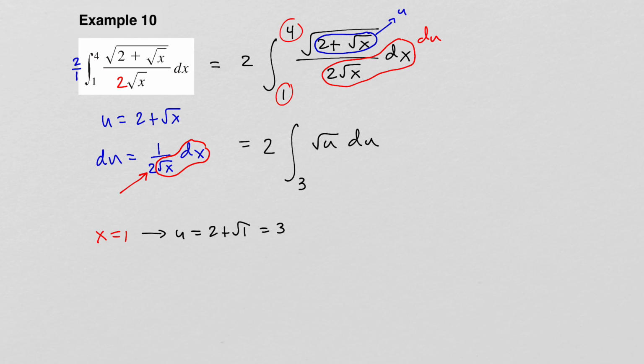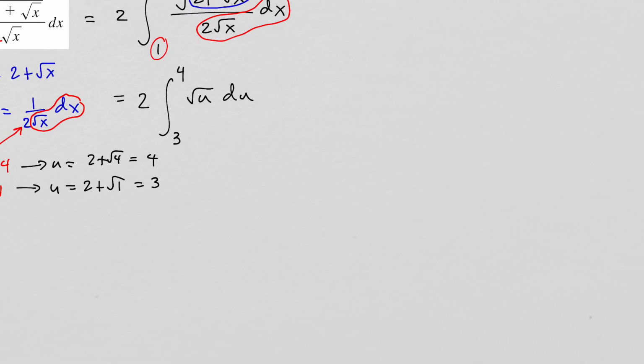And if x is equal to 4, u is going to be 2 plus the square root of 4, which is 2 plus 2, which is 4. And now we have to take the antiderivative, so let's remember that the square root of u is the same as u to the 1/2.